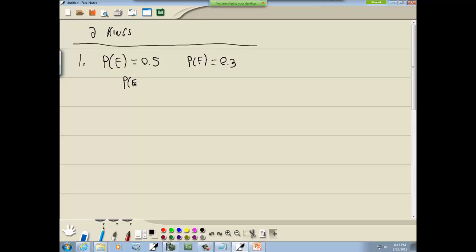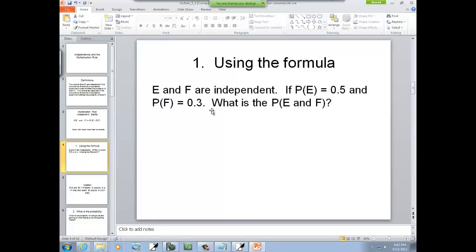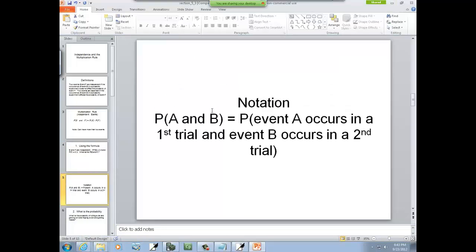Well, from the formula we just looked at, probability of E and F is equal to the probability of E times the probability of F. So we're going to have 0.5 times 0.3, which gives us 0.15.